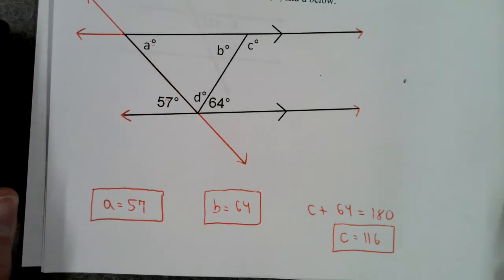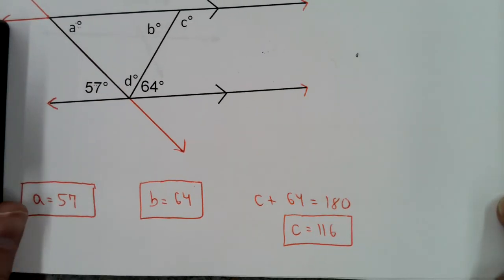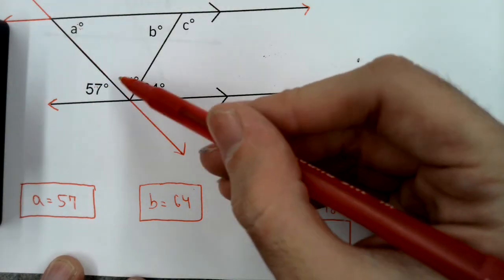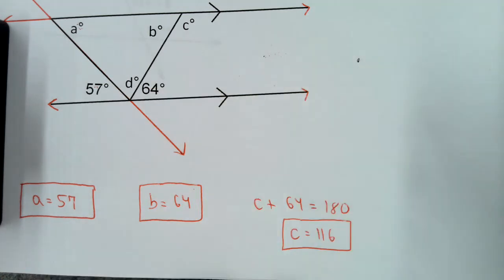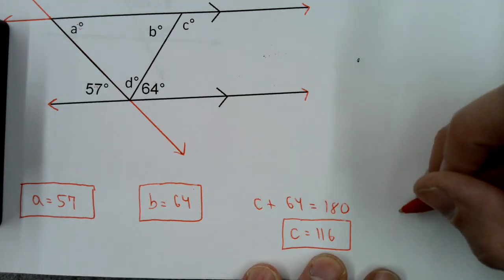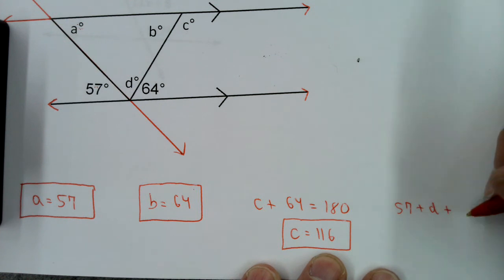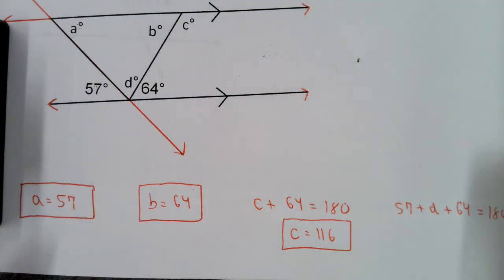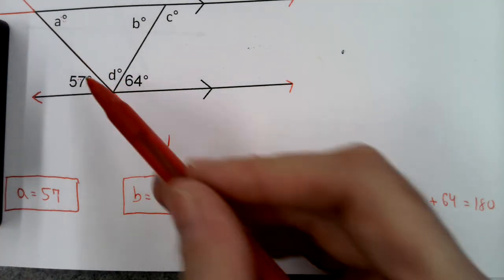Now there's a few ways to solve for D. The first thing that came to mind for me is that these three angles down here form a straight angle, so they should add up to equal 180, all three of them. So I'm going to say 57 plus D plus 64 equals 180.